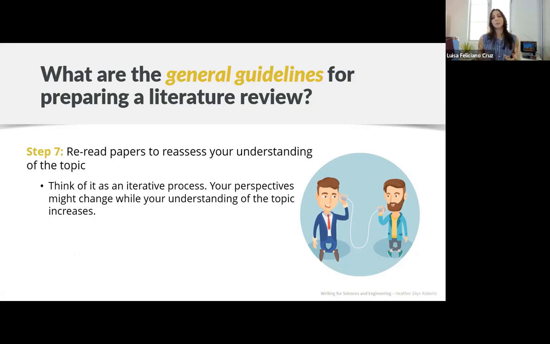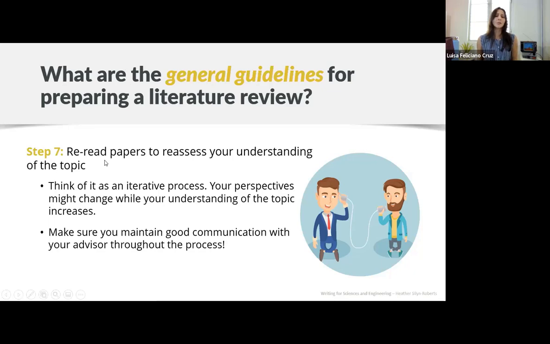Maybe you read a paper the first time and you didn't get it or you were confused, but after you read it again a couple of times and you gain more knowledge, then it might be easier to get useful information out of it. Keep good communication with your advisor if it's a thesis or dissertation. Why? Because you might have missed a subtopic and your advisor is going to tell you to add it, or might recommend some other sources that you can include in your review.